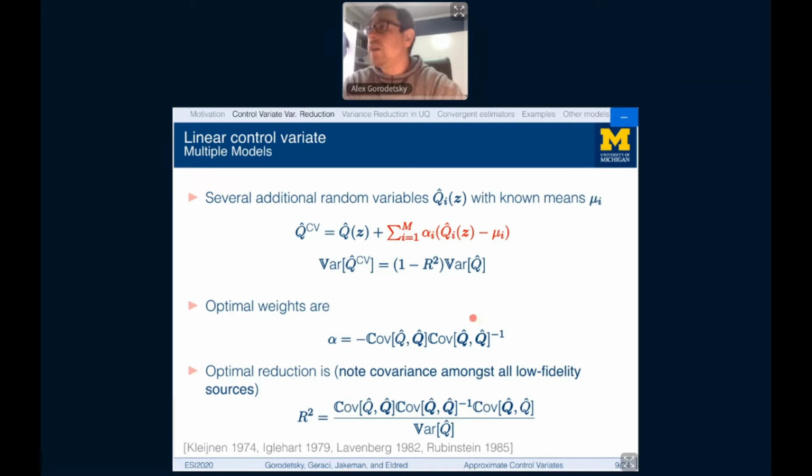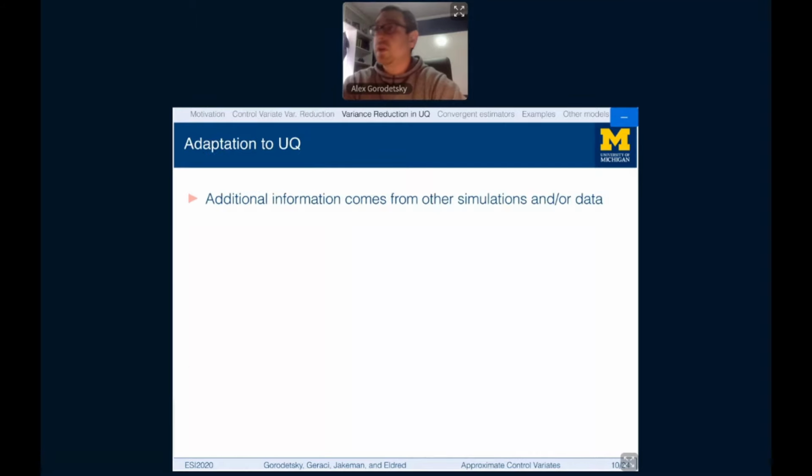And the optimal weight, again, is a function of all of the correlation amongst all of the estimators. And as you might imagine, the greater the correlation amongst everything, the more variance reduction achieved by the control variate given by this form.